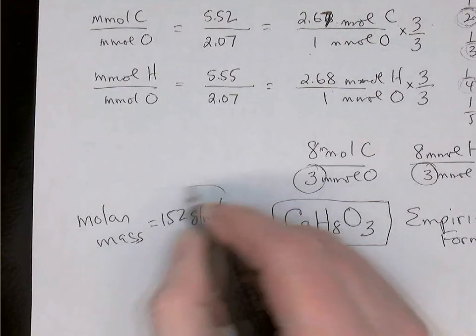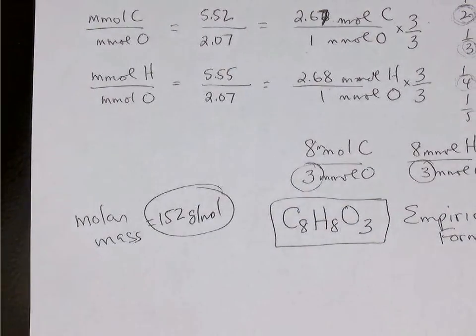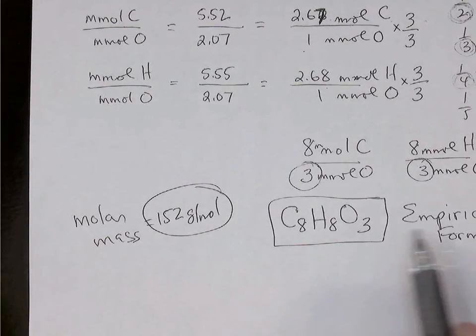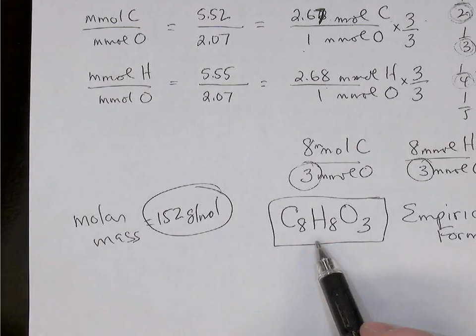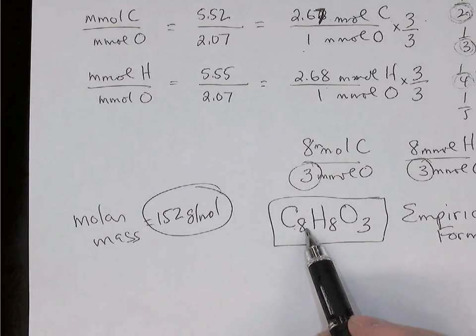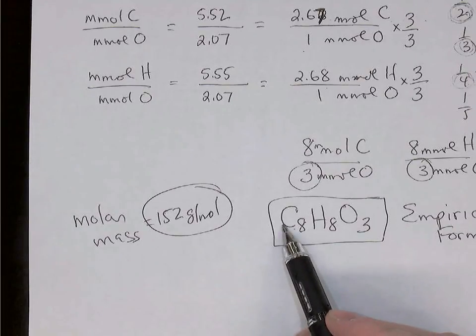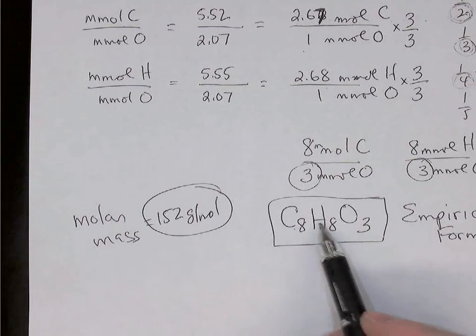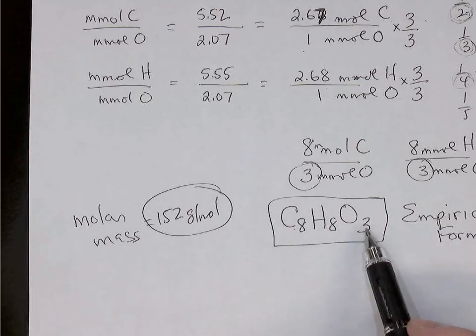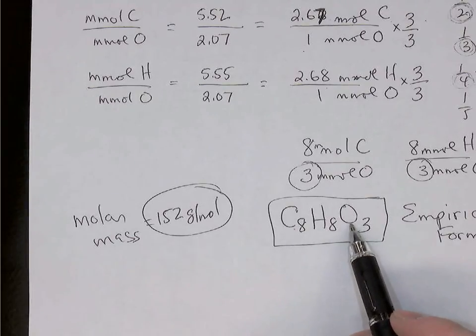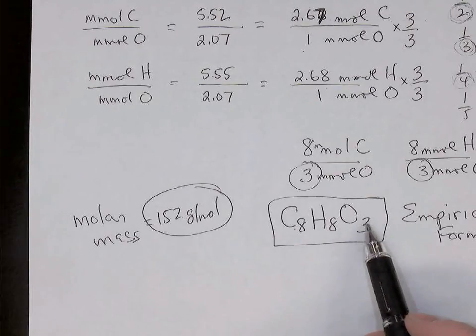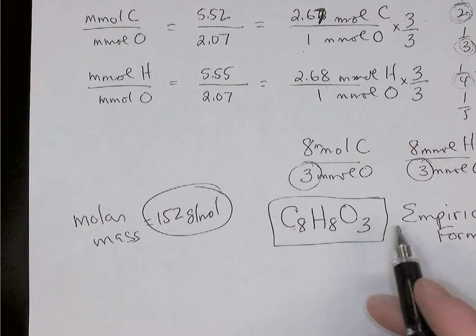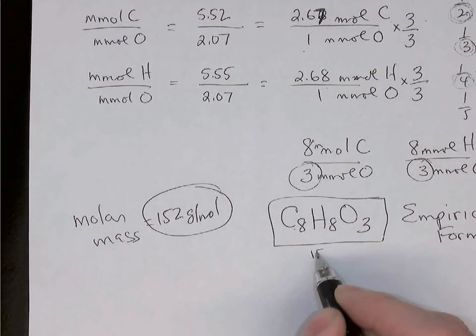Notice that our empirical formula's mass is, let's calculate it, 8 times carbon, so 8 times 12 is 96, plus 8 times 1, the hydrogen, is another 8, so 96 plus 8 is 104, plus 3 times 16, the mass of oxygen, is 48, so 104 plus 48, our empirical formula's molar mass happens to be also 152.